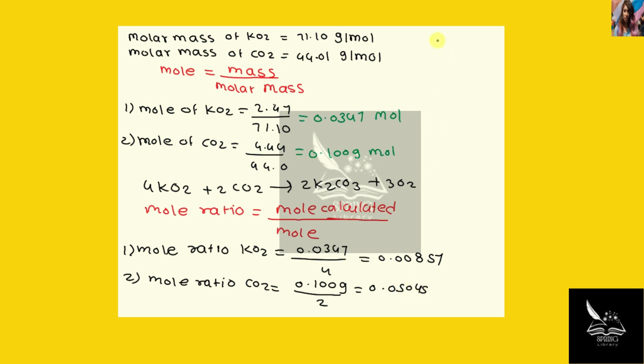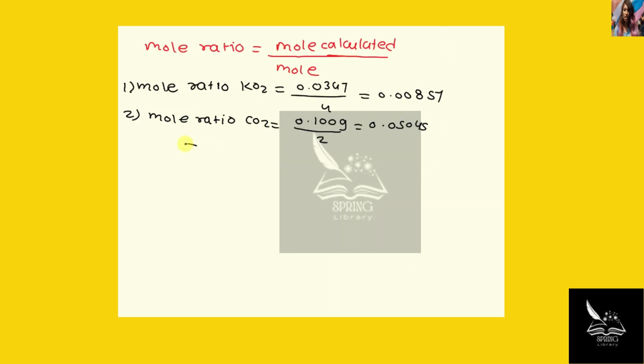Now here the 0.00857 is very much less than 0.05045. Therefore here KO2 is the limiting reactant.